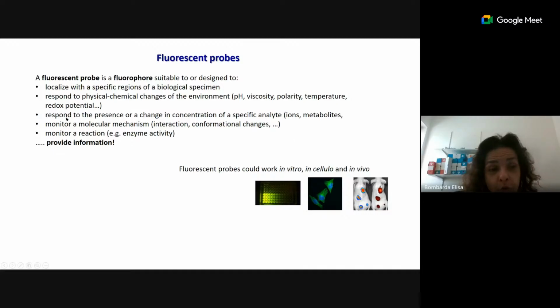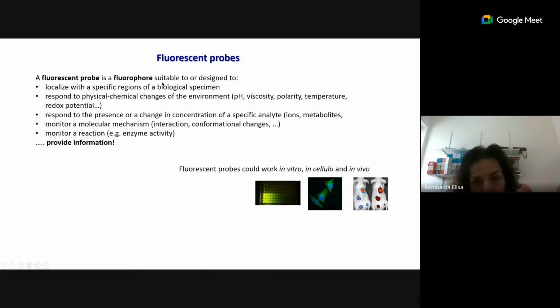You want to see interactions, respond to the presence or a change in concentration of a specific analyte, molecular mechanisms in general, monitor reactions like enzyme activity, consider the fluorogenic probe I was talking about just before. And we may want to do this in vitro, but also in a cell, and it can also be done in vivo.